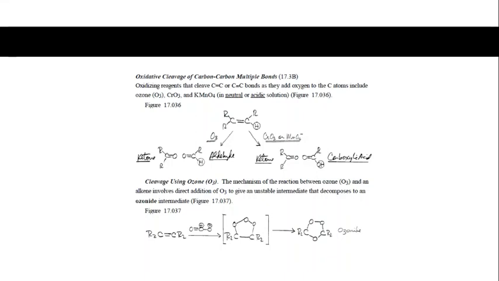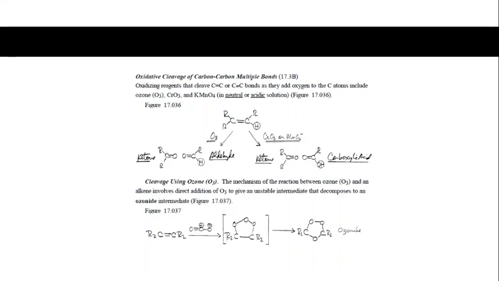But here you can also get the cleavage of the C=C bond using ozone and chromium trioxide as well. Suppose you have a compound with a double bond, and across the double bond there are substituents: on one side R1 and R2, and on the other side R3 and R4.